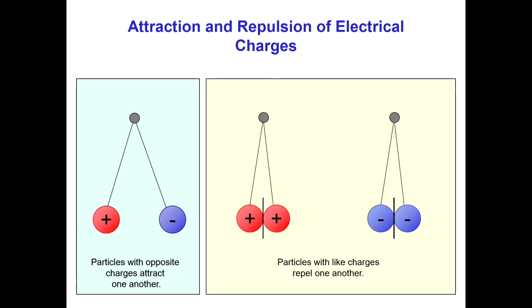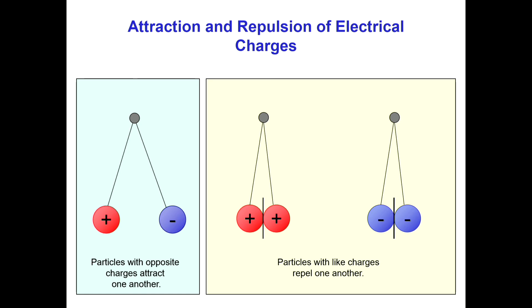So now we should explain why, for example, in one period from left to right, the radius decreases, right? And in one group from up to down it increases, right? And also why the cations are smaller than their neutral atoms, and why anions are always larger than their neutral atoms. Yeah, for these four questions, now we explain why.